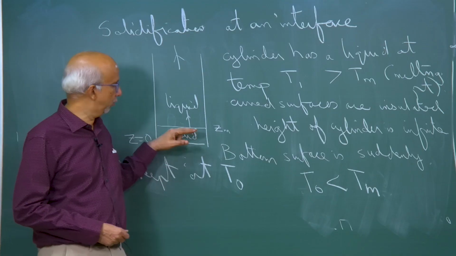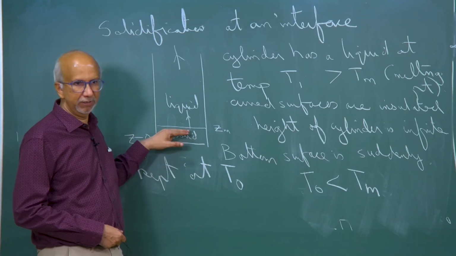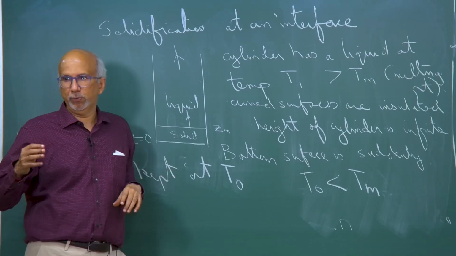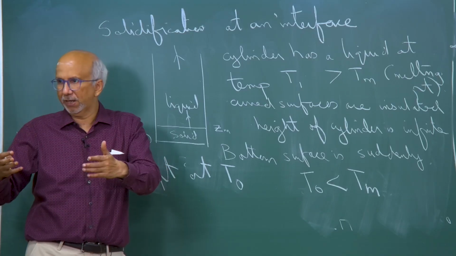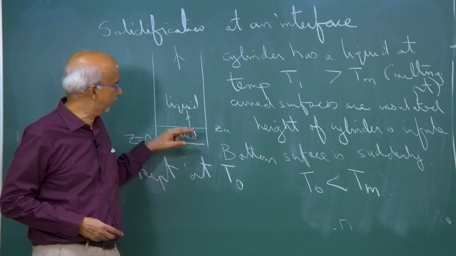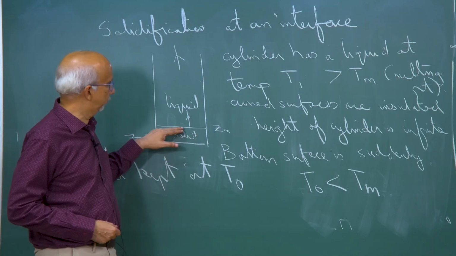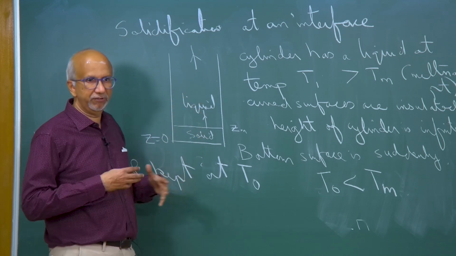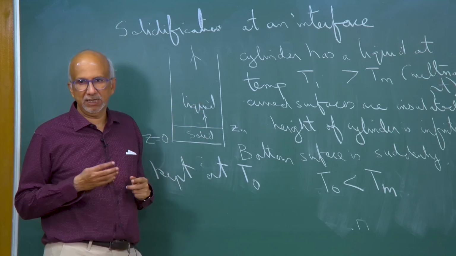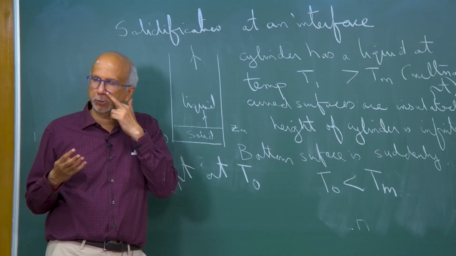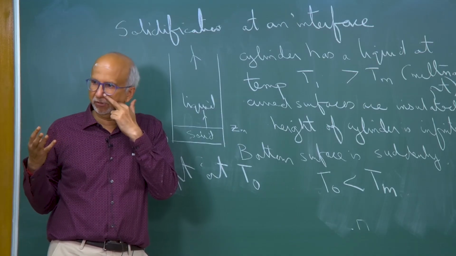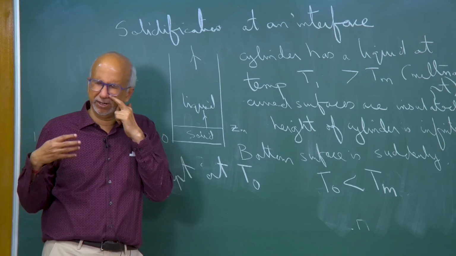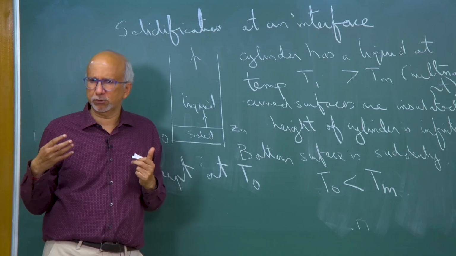So 1 gram of solid may have frozen, it may give you 1 gram of liquid, but the volume of the liquid is different, so whatever volume is going to be generated by freezing, when it gets transferred to liquid, it will be different. Okay. So basically the point I am trying to make here is, in liquid you have to consider convection also, whenever there is a density change because of phase change.